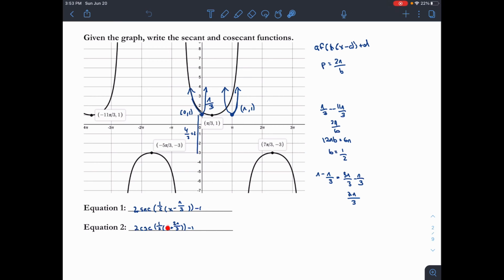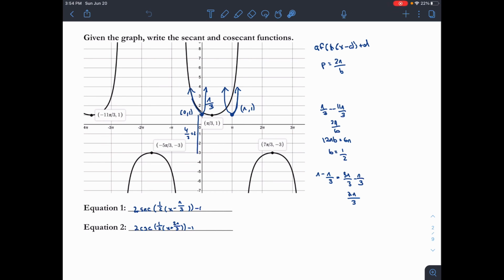Then parentheses x. For the secant, we get negative pi over 3. That is from, since this is pi over 3, we have 0, 1, pi over 3, 1, and then pi, 0, 1.